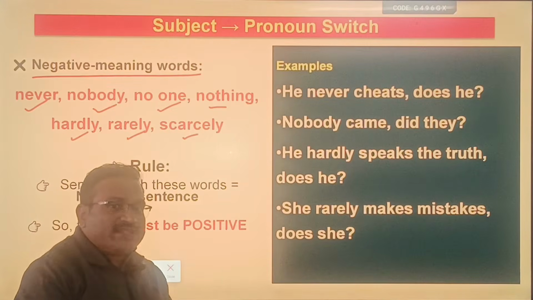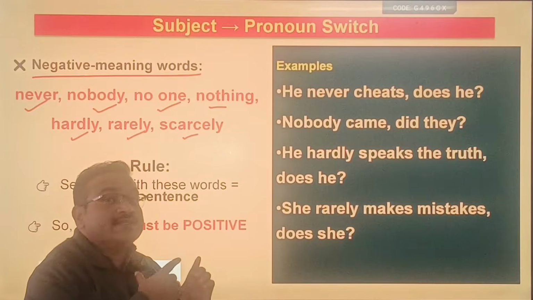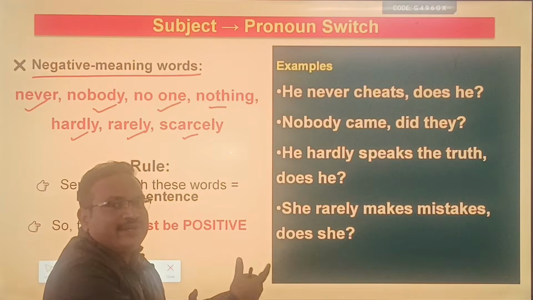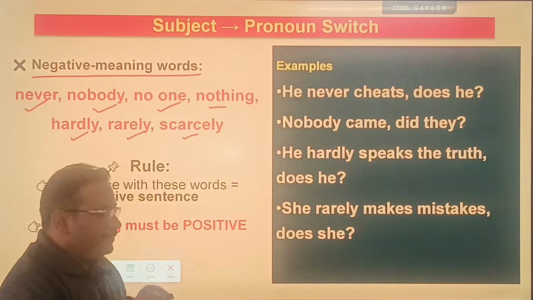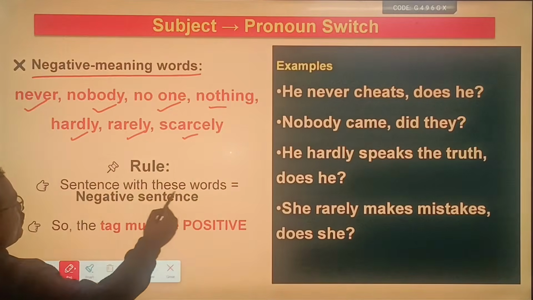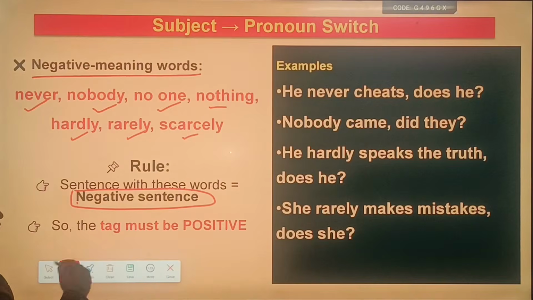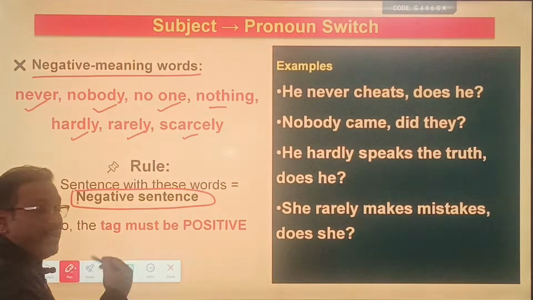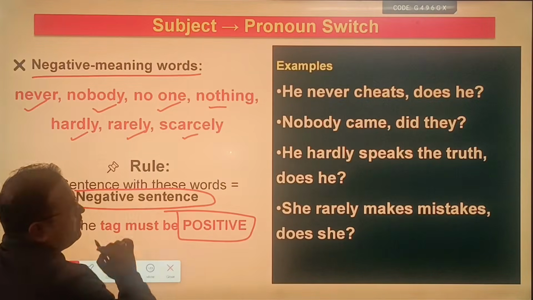So when they are used in sentences, the sentence is treated as negative. So the question tag will be positive according to the polarity rule. Sentences with these words are negative sentences. Yes, of course. So obviously, applying the polarity rule, the question tag will be positive.